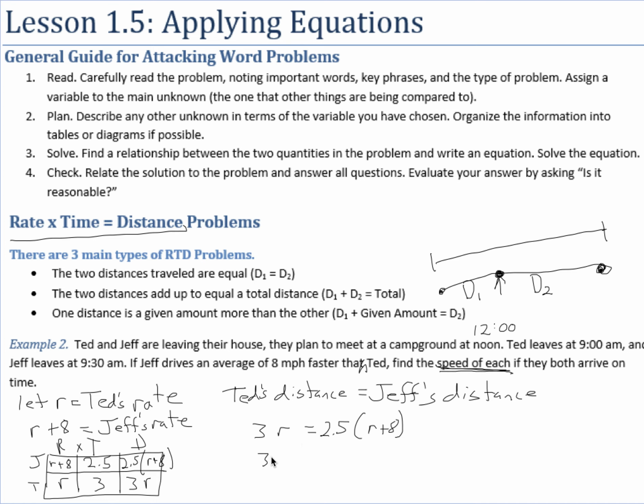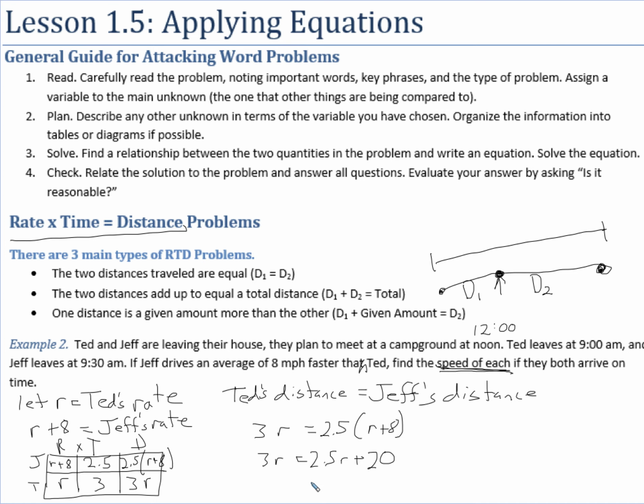We got 3R equals, we can distribute here, we got 2.5R plus 2.5 times 8, which is 20.